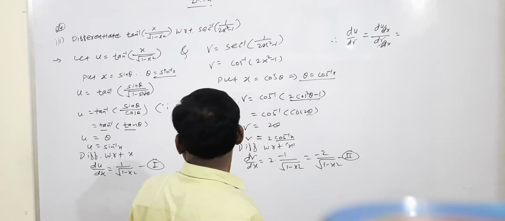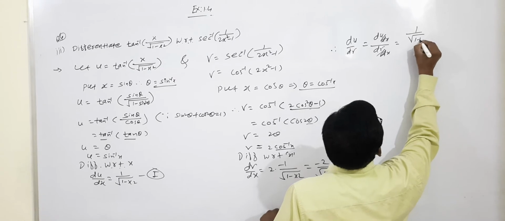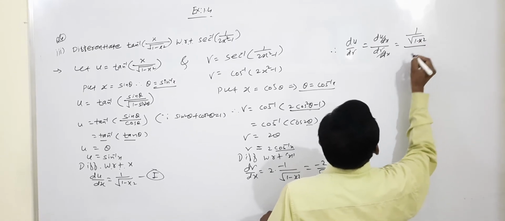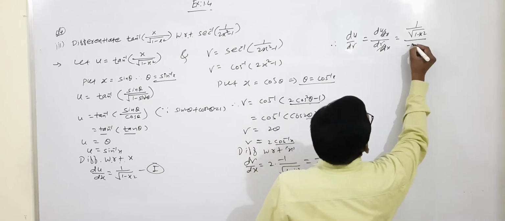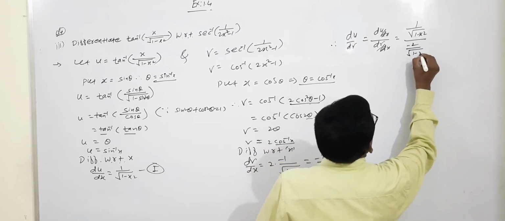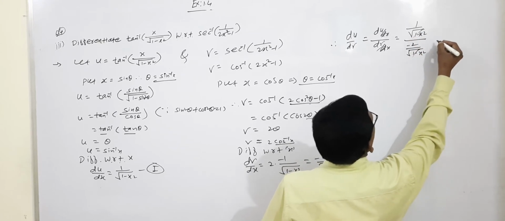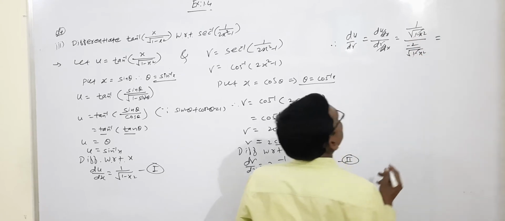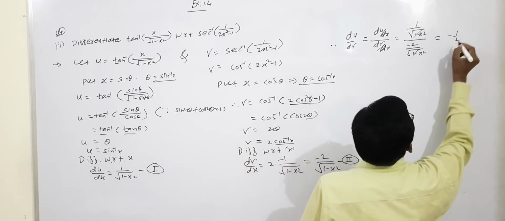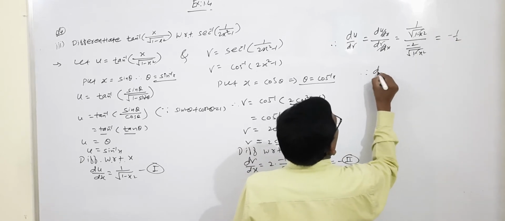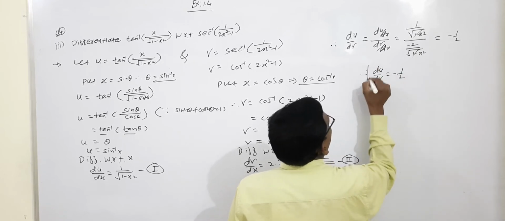From equation 1, du by dx is 1 upon root of 1 minus x square, and from equation 2, dv by dx is minus 2 upon root of 1 minus x square. The root of 1 minus x square will get cancelled. It gives only minus 1 by 2, and therefore du by dv is equal to minus 1 by 2.